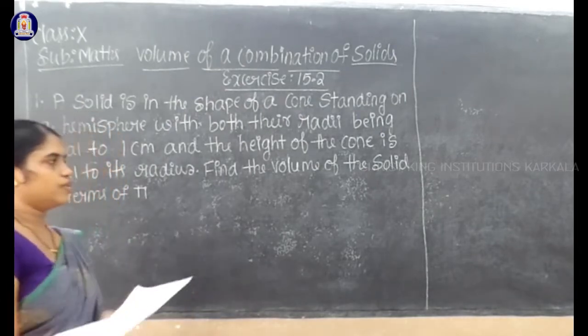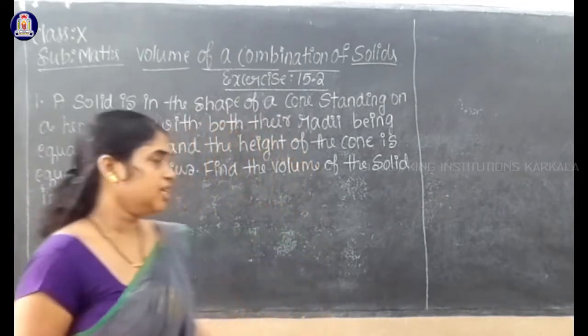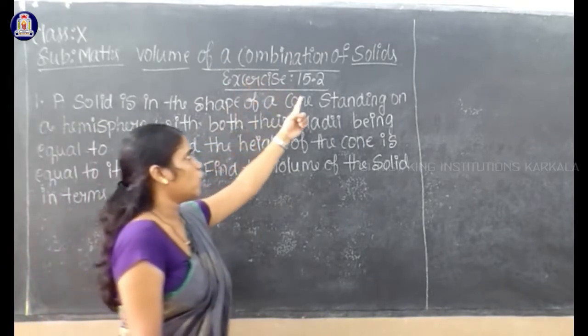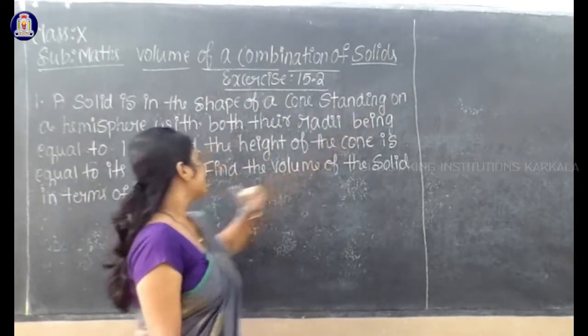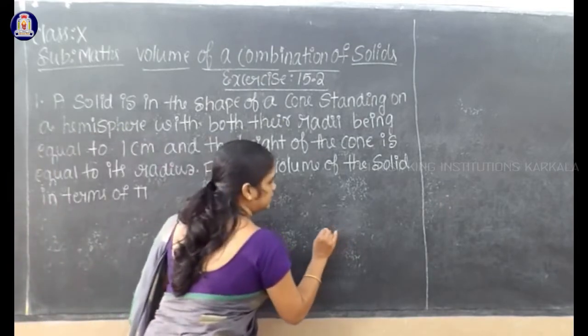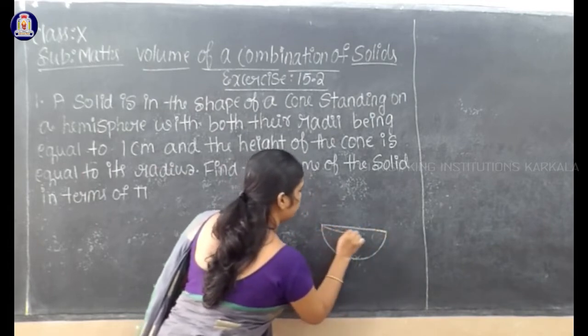So this is your question. Given a solid is in the shape of a cone which is standing on a hemisphere. First I will consider one hemisphere. Suppose this is your hemisphere.